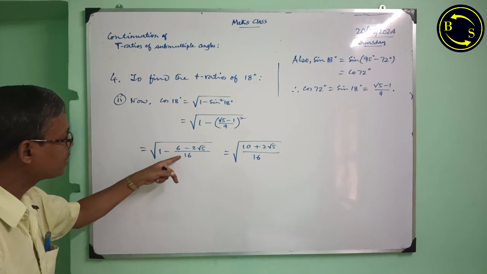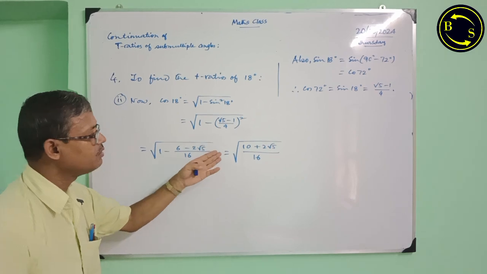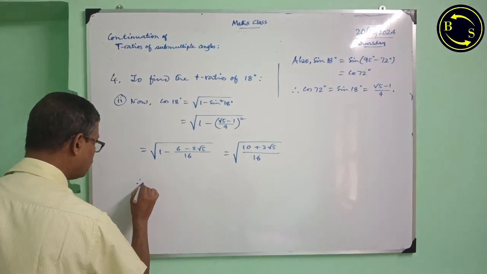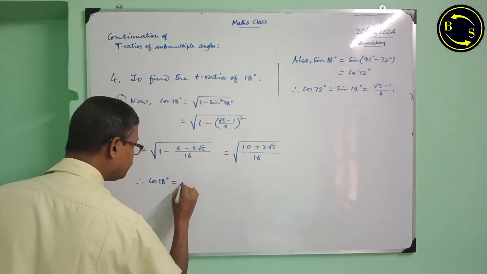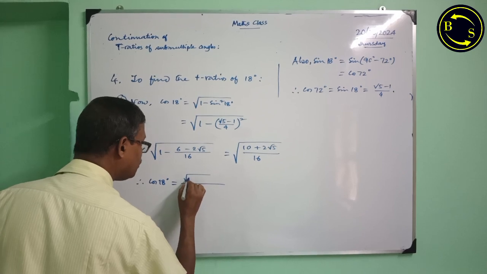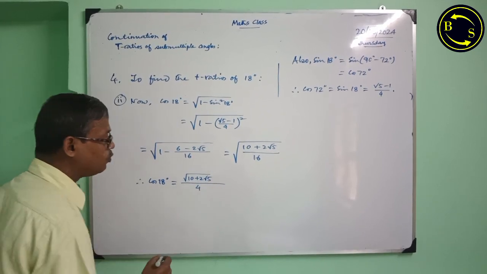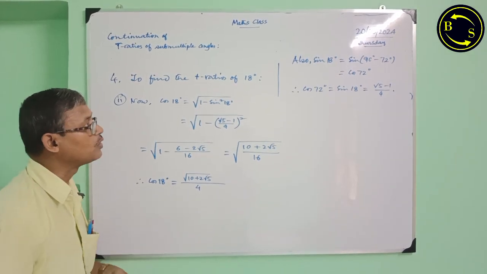If we simplify, 16 minus 6 plus 2 root 5 whole divided by 16, that means 10 plus 2 root 5 whole divided by 16. Therefore, cos 18 degree will be equal to root over 10 plus 2 root 5, numerator under square root symbol, denominator is 4.